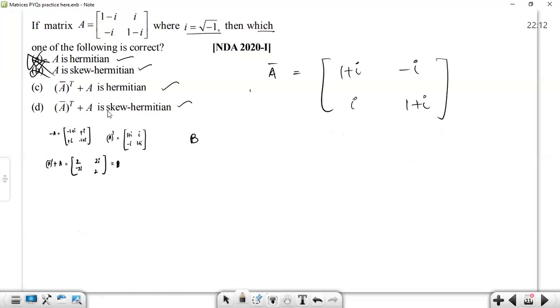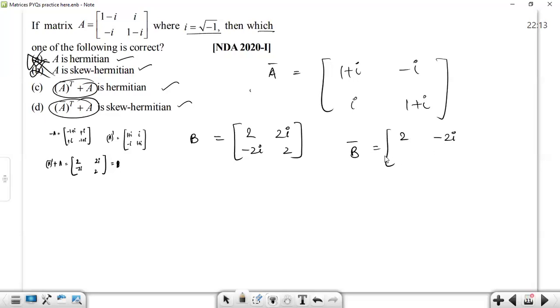This is B, which is the matrix with rows 2, 2 iota and minus 2 iota, 2. Now let's find its conjugate. There is no imaginary part. Now let's find its transpose: convert the first row to the first column, second row to the second column.